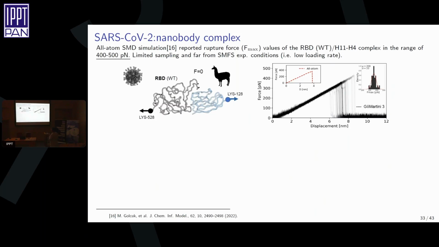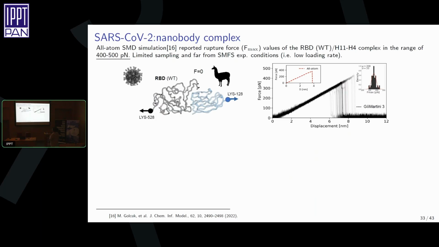Well, llama is not only a very beautiful animal from my home country, but actually it's been used also to engineer antibodies, right? So in this study, it was a study in the past by all-atom steered molecular dynamics simulation of the mechanical response of a potent nanobody, right? That actually responds in the range of piconewtons, right?